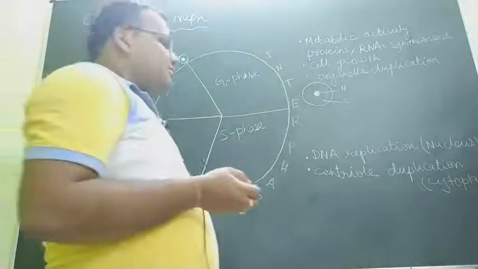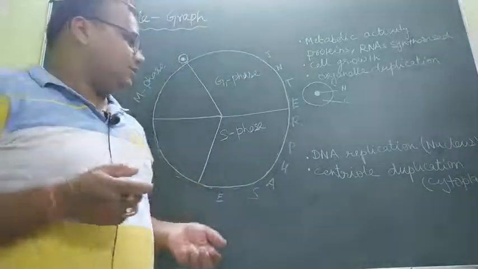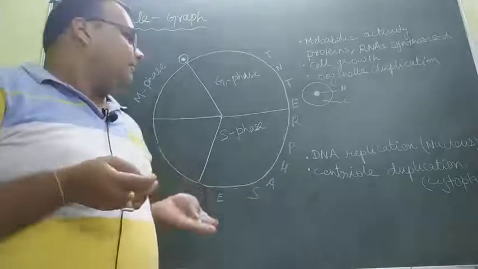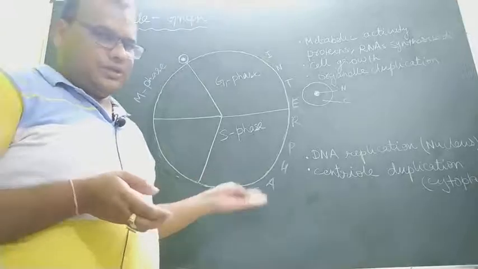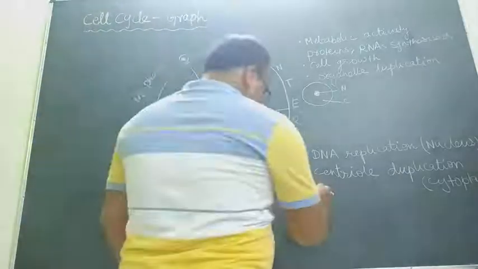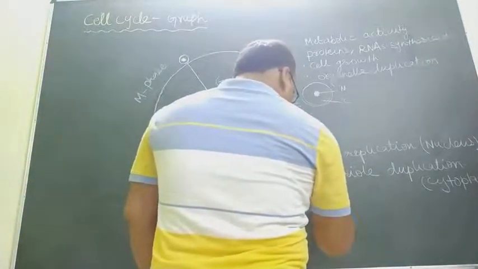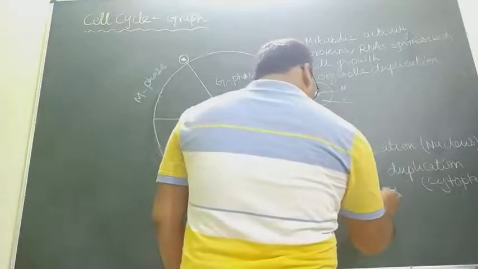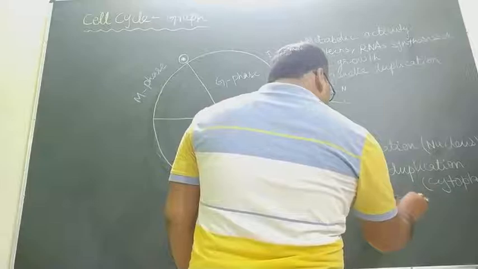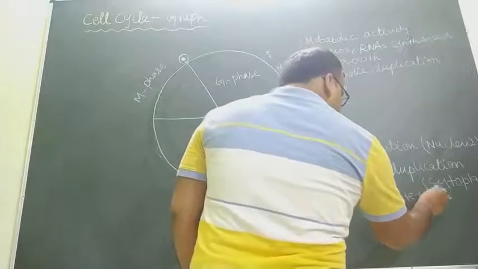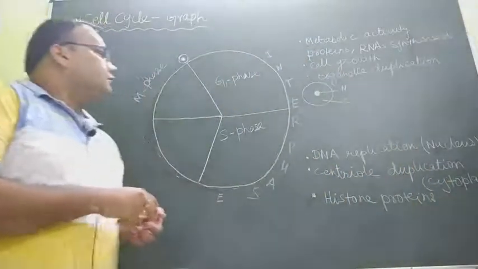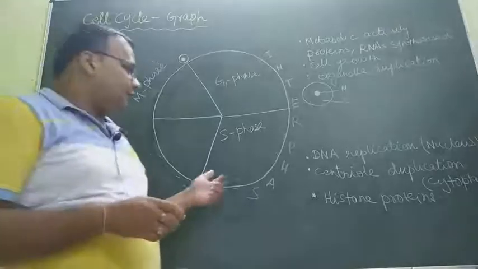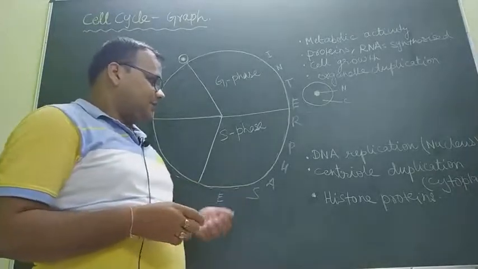In some books it has been given that histone proteins which are associated with DNA are also synthesized during S phase. So one more point, histone proteins are also synthesized. So these are important events of S phase.